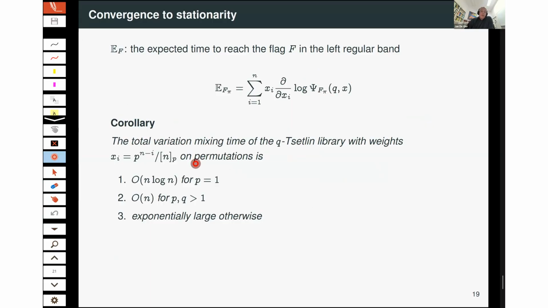And if you give certain probabilities on picking your flags, so this is a natural way to do it, you get that these mixing times are the same as for the original Tsetlin library, or n log n, if this p is 1. But you can go faster if q is larger than 1 and you pick p also larger than 1. So adding some randomness mixes the chain faster.